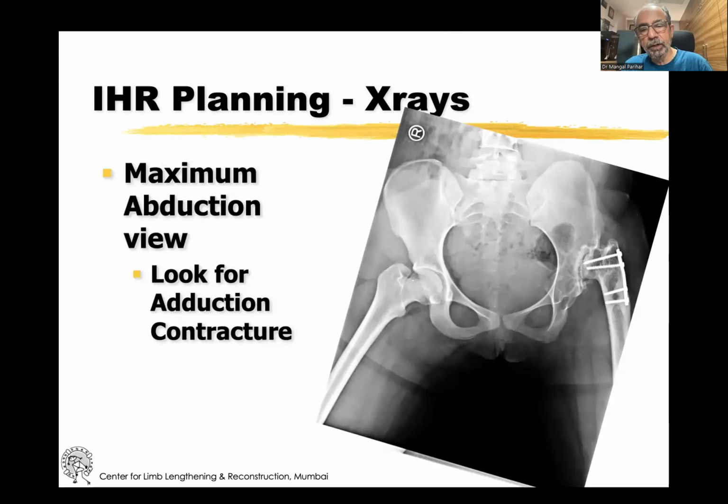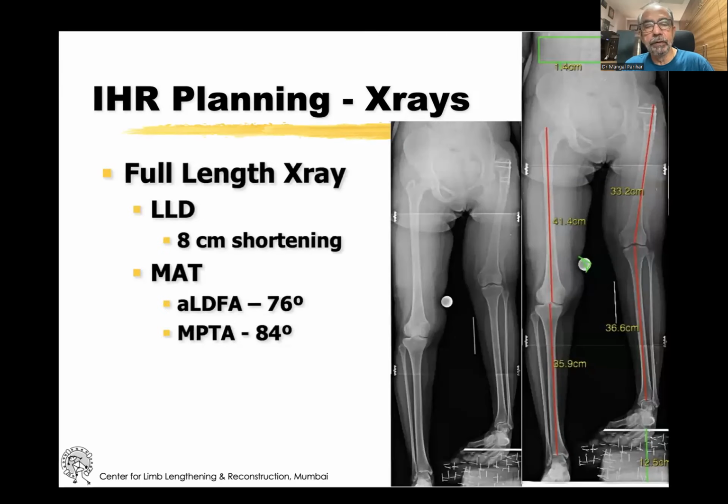This will be important when we do the distal osteotomy. And if there is, then you would need to release the adductors prior to going in for the surgery. Then, of course, the full-length X-ray to find out how much limb-length discrepancy is there and the various angles.